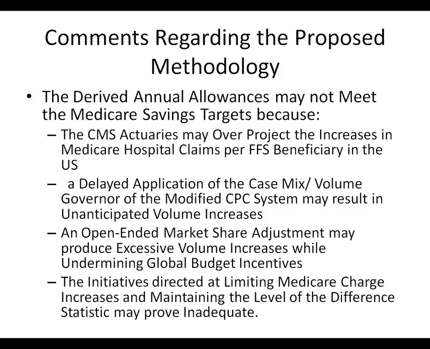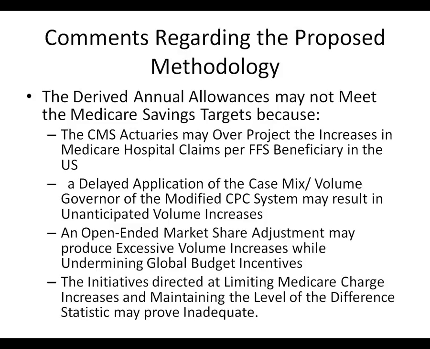And this is the last page. So I read here, the derived annual allowances may not meet the Medicare savings target because, one, the CMS actuaries may overproject the increase in Medicare hospital claims. Therefore, we need to, to the maximum extent possible, maintain updates of those results and take a fairly conservative view of the projections themselves.